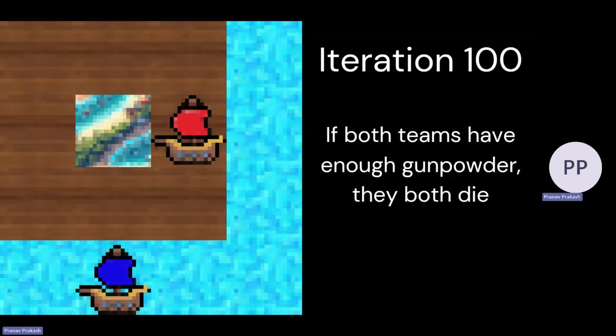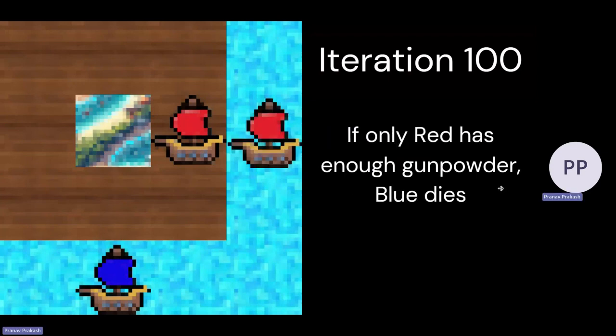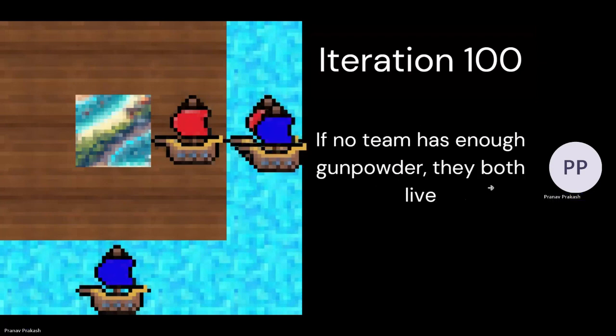If both teams had enough gunpowder to attack each pirate, then both of the ships are destroyed. If only the red team, say, had enough gunpowder, but the blue team did not, then the blue pirate is destroyed and the red team survives. If neither pirate's team has enough gunpowder to destroy the other, then both of them stay on the same tile.